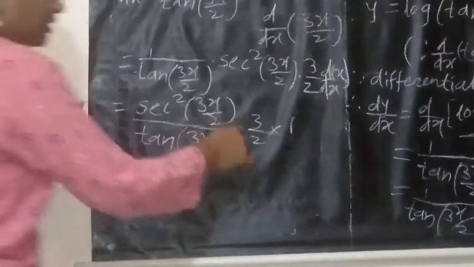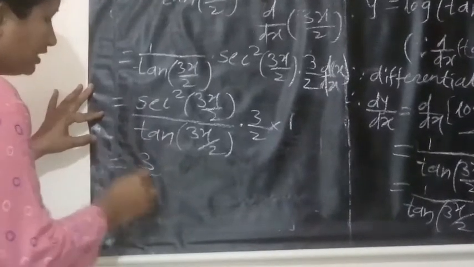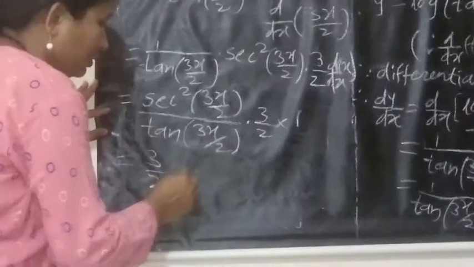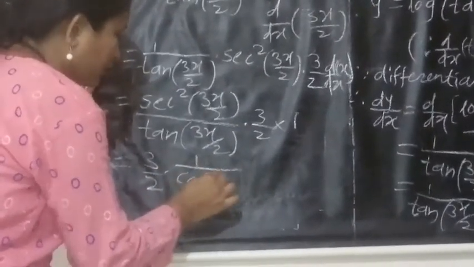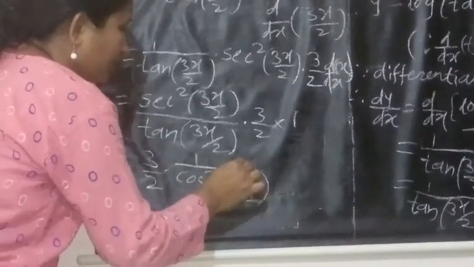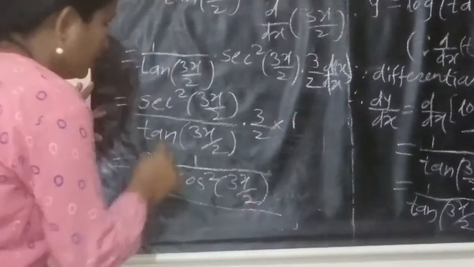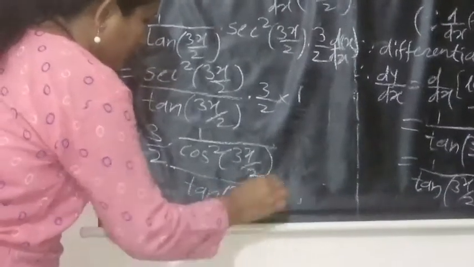Now 1 into 3 upon 2 is 3 upon 2. Sec square 3x upon 2 means 1 upon cos square of 3x upon 2, upon tan of 3x upon 2.